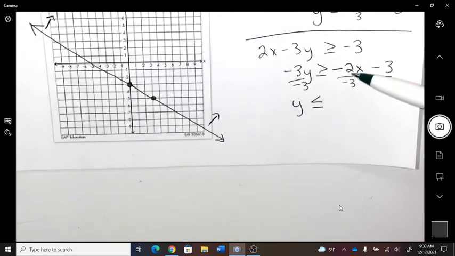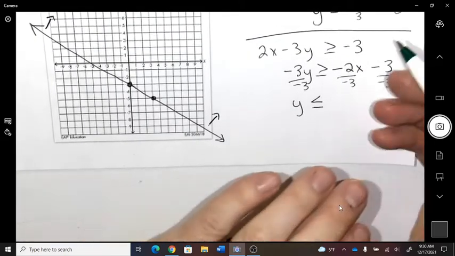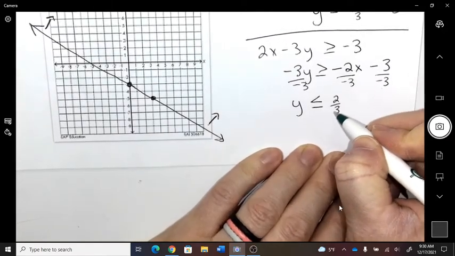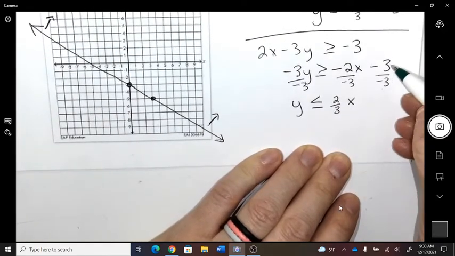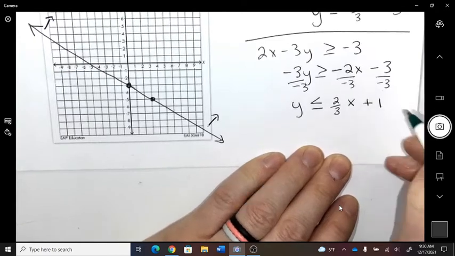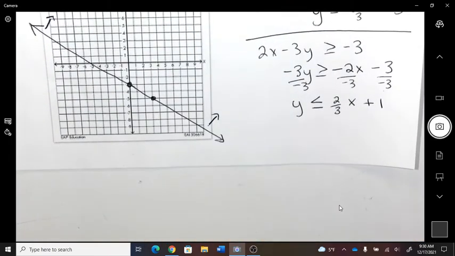Okay, two negatives here. I can rewrite them as a positive. And this is two negatives, so that would be positive as well. Okay, now it's ready to graph.